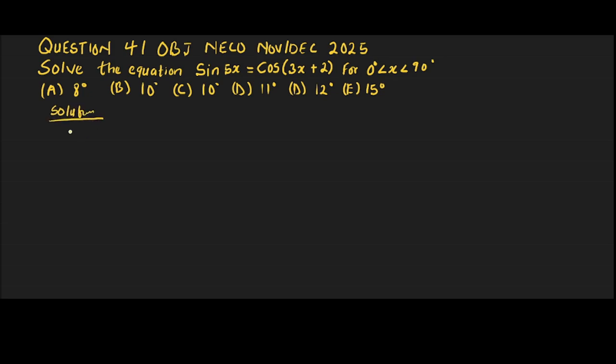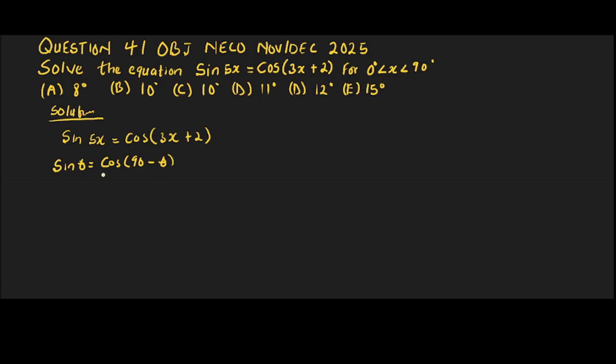So we have sin 5x equals cos(3x + 2). Now, to solve this, we are going to make use of this trigonometry identity where sin theta is equal to cos(90 minus theta).